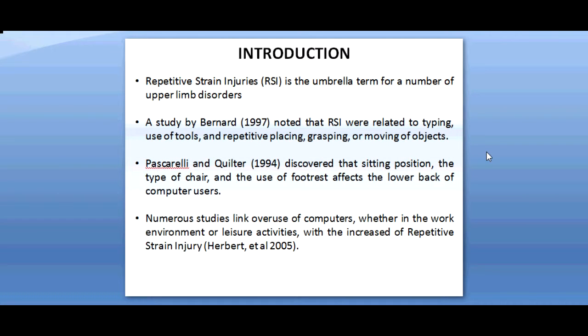Generally, RSI is the umbrella term for a number of upper limb disorders. RSI is related to typing, use of tools, and repetitive placing, grasping, or moving of objects.